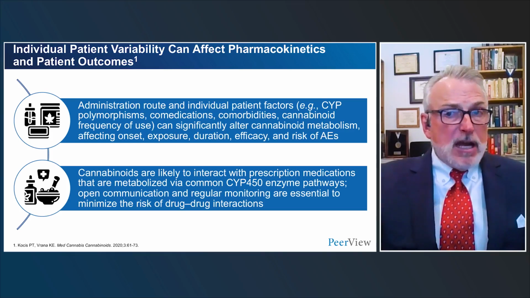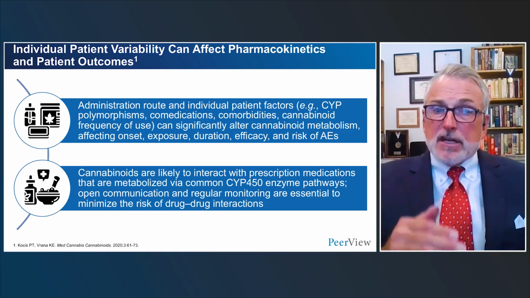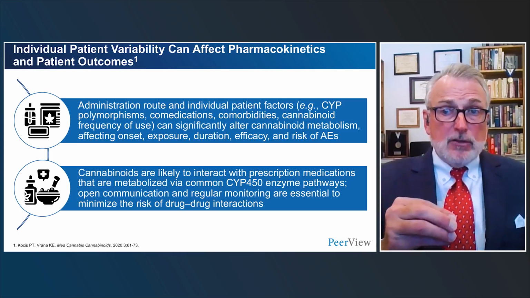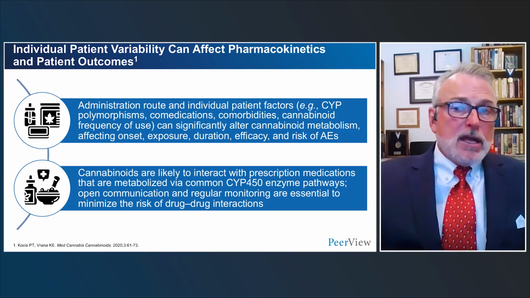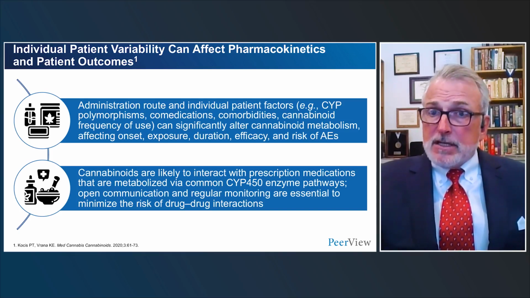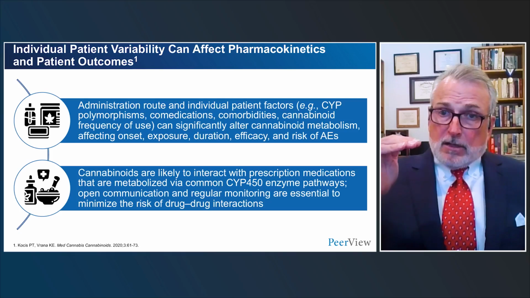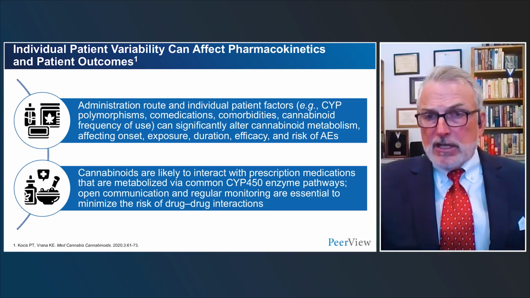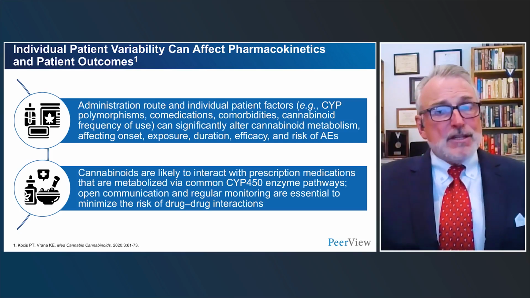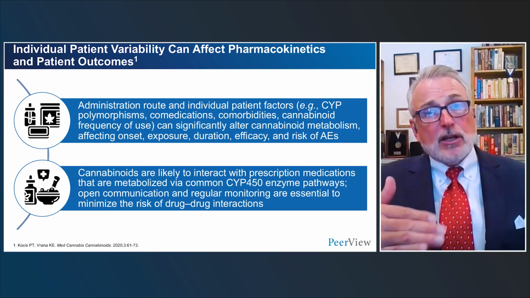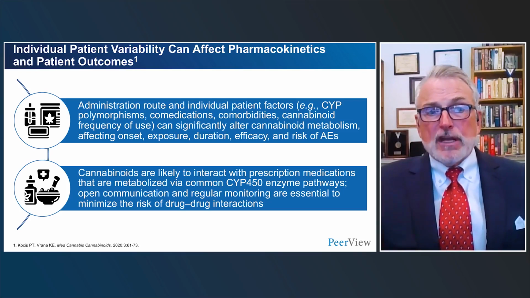But at the same time, we have genetic variants in our cytochrome P450 pathways that can produce a patient who is at risk for too high a concentration because they're unable to metabolize the cannabinoid, the phytocannabinoid or the exogenous cannabinoid that's being administered. So it just reinforces our notion that we have to go low and go slow when we're first starting our patients.